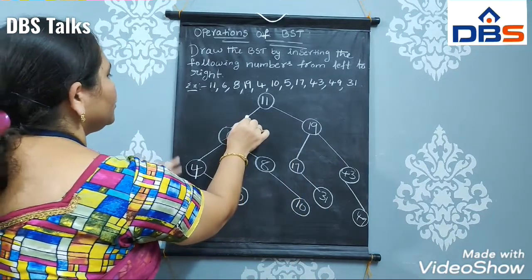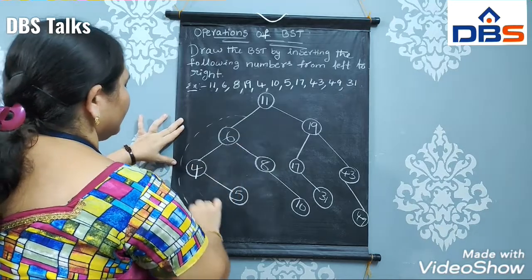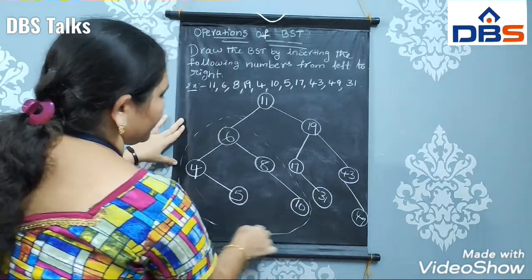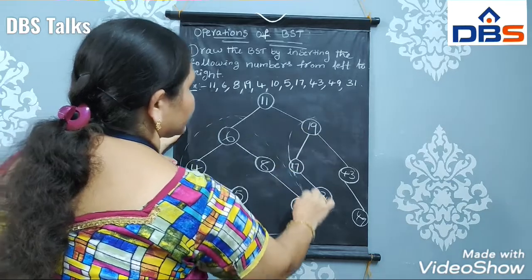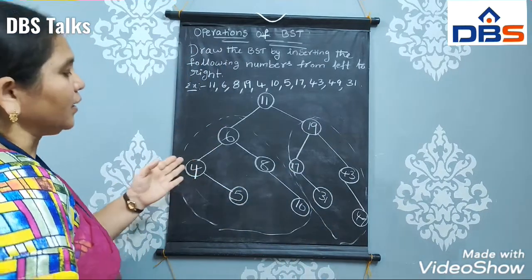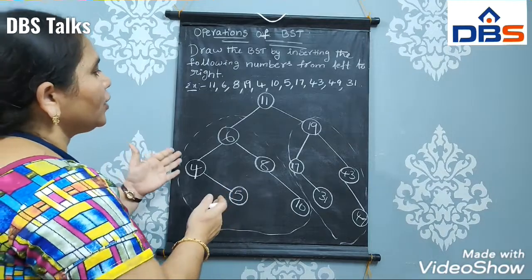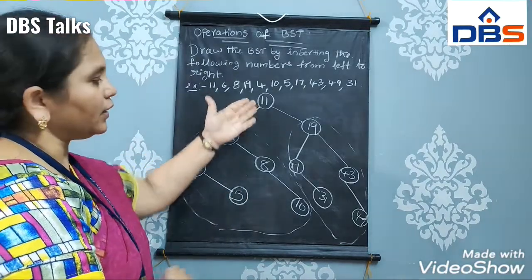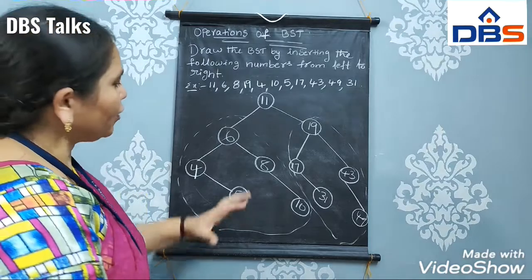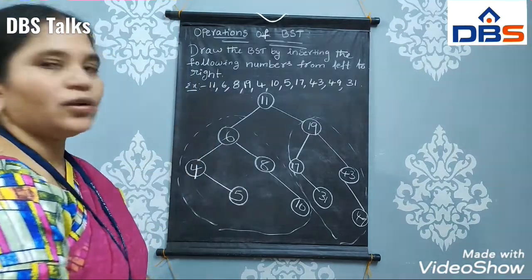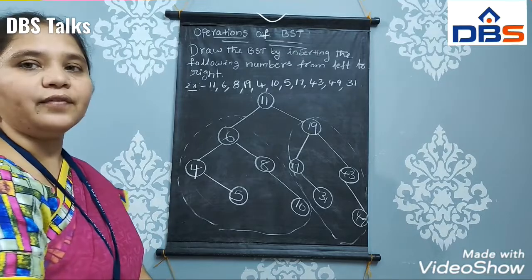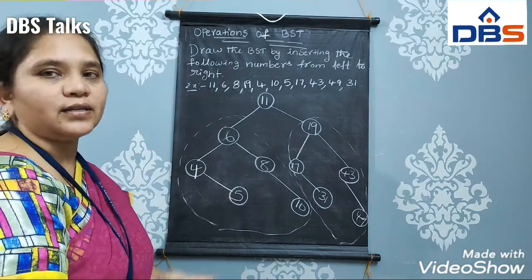According to our definition of binary search tree, the left hand side of any node is lesser than the root node. The right hand side of any node is greater than the root node. So this is the insertion of the numbers according to our definition, that is called insertion.